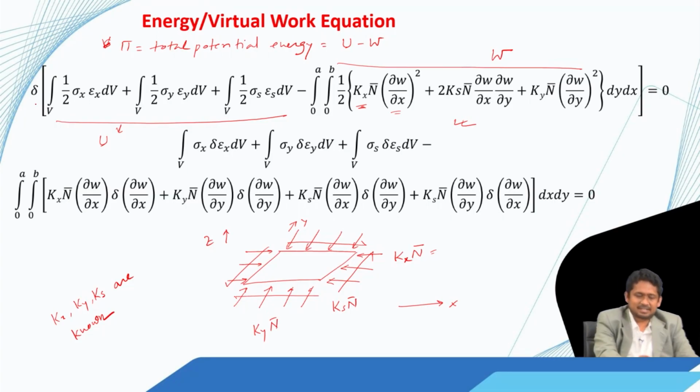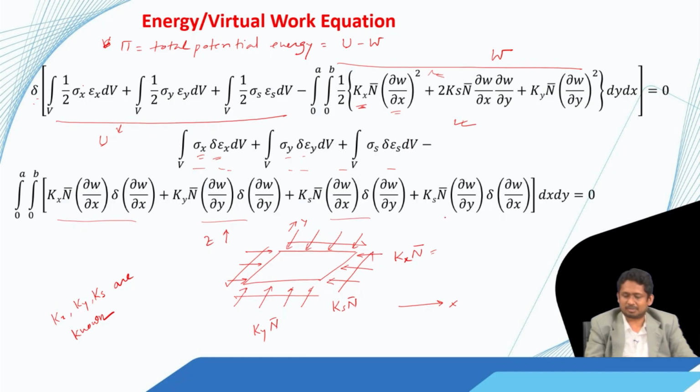Now, if I take this delta inside, I can write delta of U as this: stress multiplied by the variation of strain, for all the 3 components. That is the internal virtual work. Then we take the delta inside here and write it like this using the property of the variational operator which we discussed before.